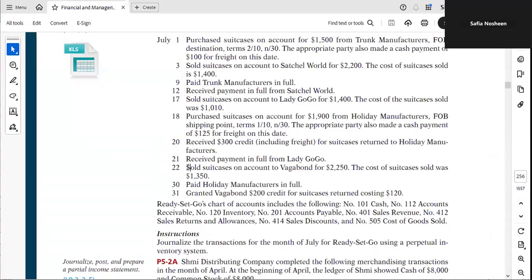The next entry is that we sold on account to Vagabond, and the cost of sale is 1350. So again, we will do two types of transactions: one to record the sales revenue, and the other to record the cost of goods sold. I'm just going to copy and paste, and mention Vagabond.